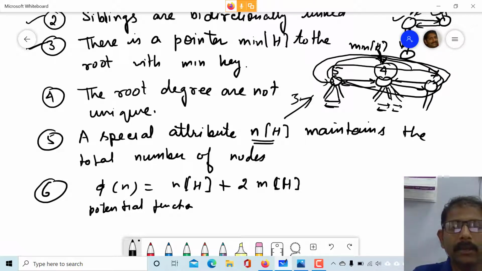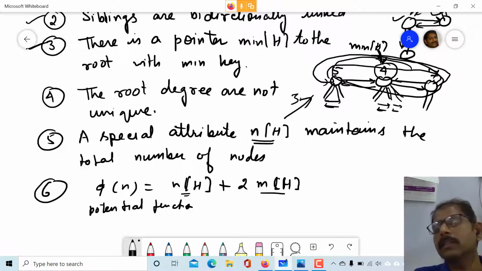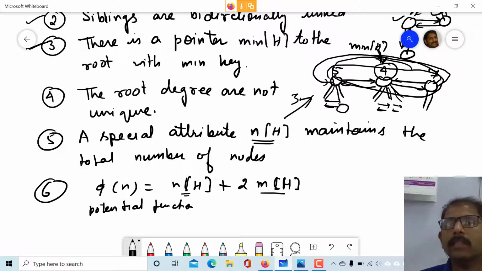I will discuss this later. NH is the number of root nodes, and MH is the number of marked nodes. Suppose this is a node, and during the operation it has lost a child. Then it will be marked as 1. In this way there can be more than one marked node.